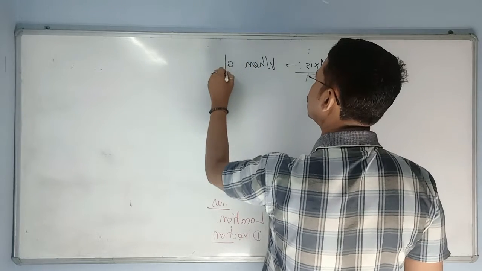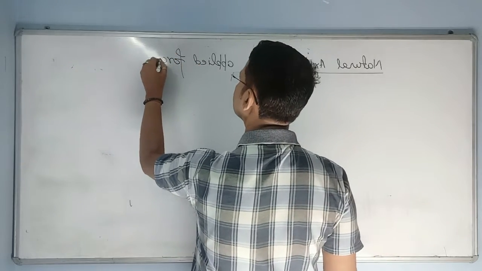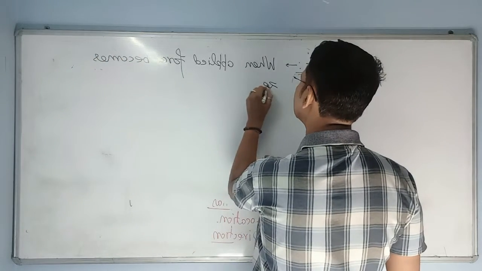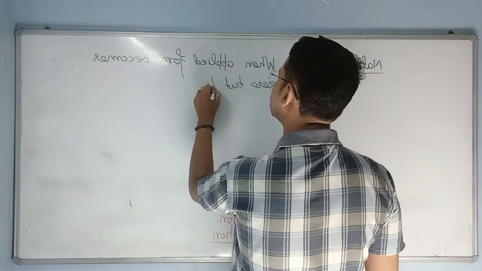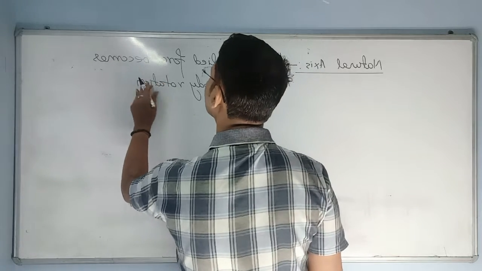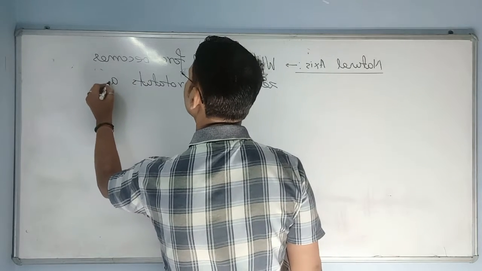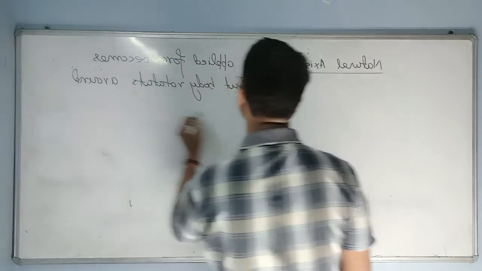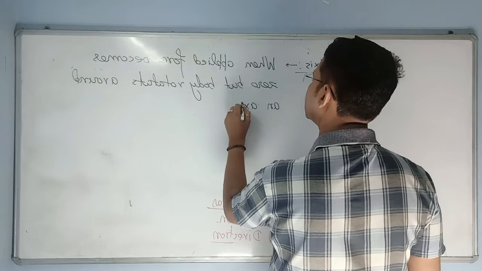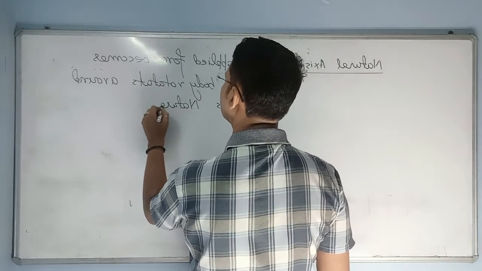When applied force becomes 0, but the body rotates around an axis, that is the natural axis.